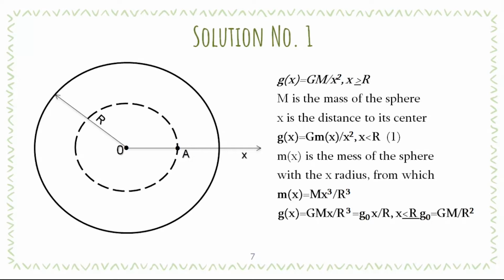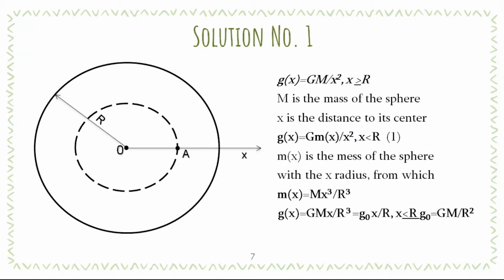The interaction of the probe mass with the spherical layer whose inner radius is equal to x is equal to 0. And therefore, the interaction force of the probe mass with the whole sphere is the same as if the spherical layer didn't exist at all. That is the acceleration at point A: g(x) is equal to G Mx divided by x squared, where x is smaller than or equal to R, where Mx is the mass of the sphere with radius x, that is, Mx is equal to M x cubed divided by R cubed.